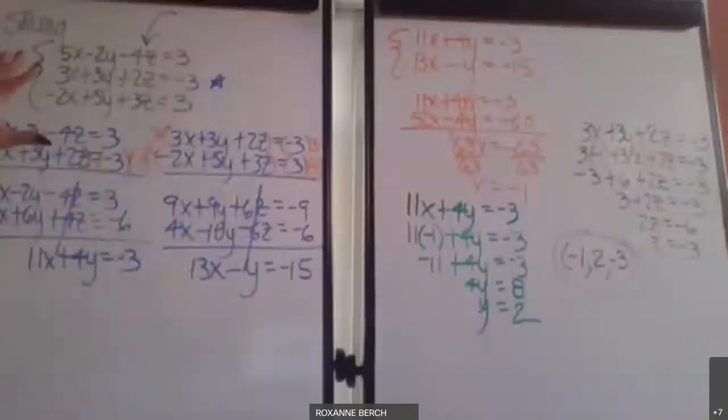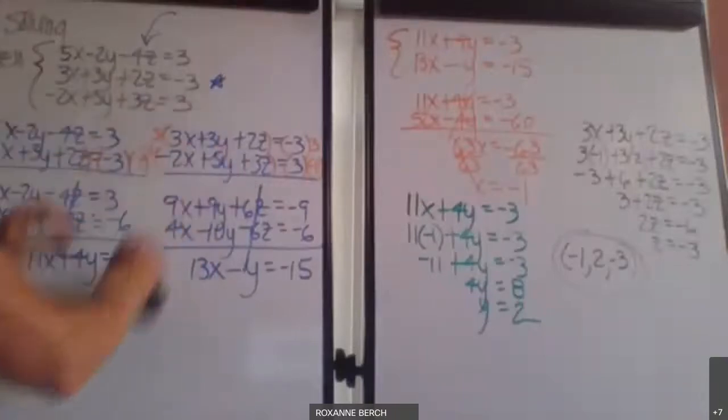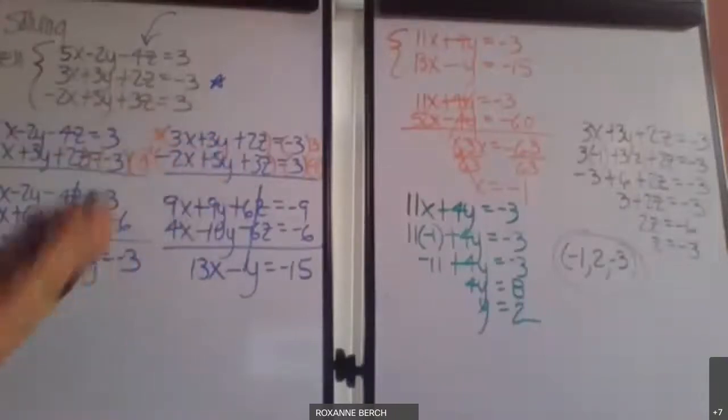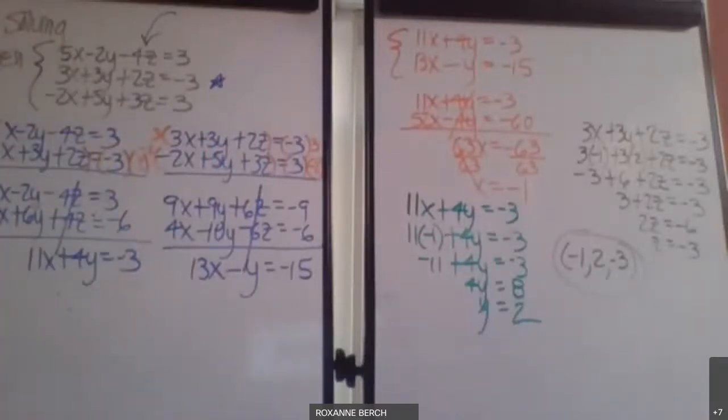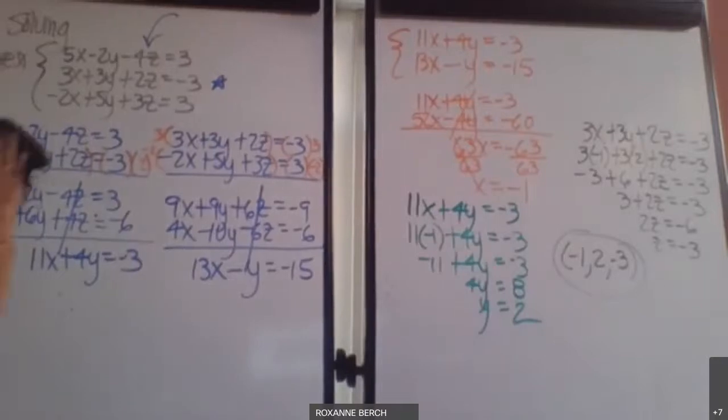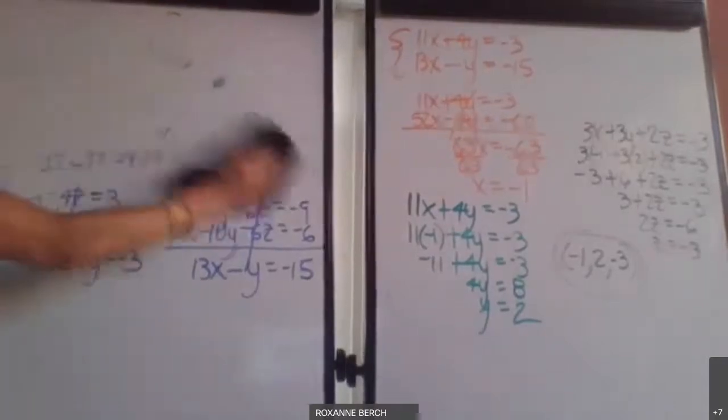Just don't eliminate a z and an x. It will not work that way. So you're either going to eliminate a z in both, an x in both, or a y in both. Do you understand what I'm saying? Yeah. So let's set up another problem.